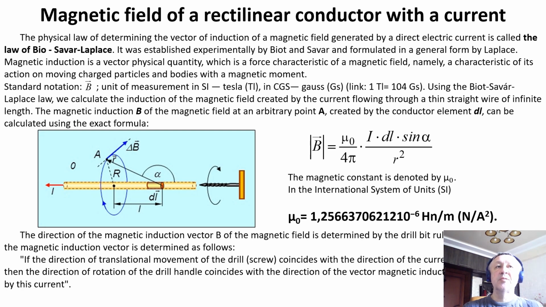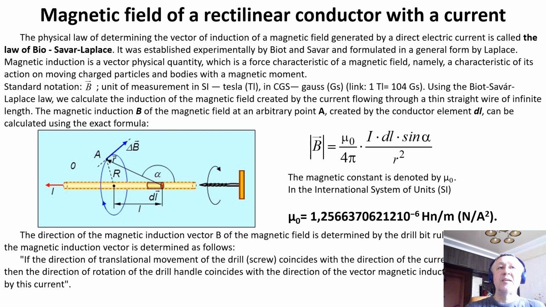A standard notation for magnetic induction is B as vector. Unit of measurement in SI system is Tesla, and the designation in CGS system Gauss.